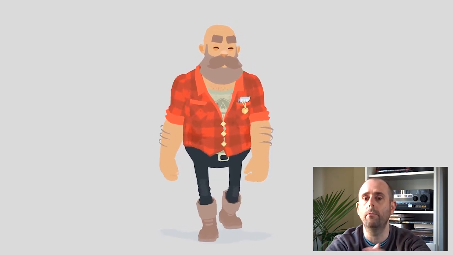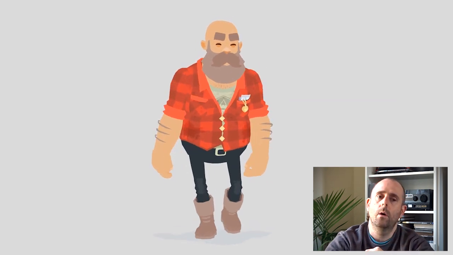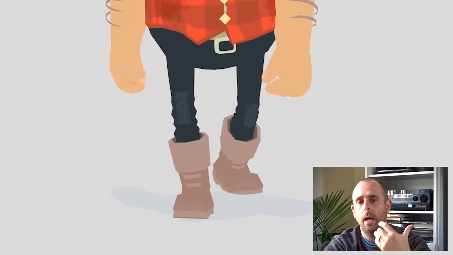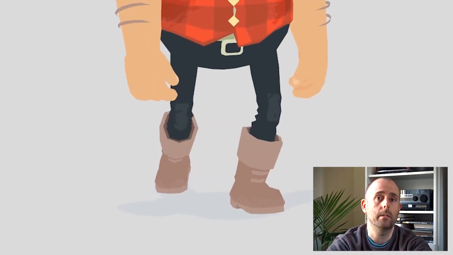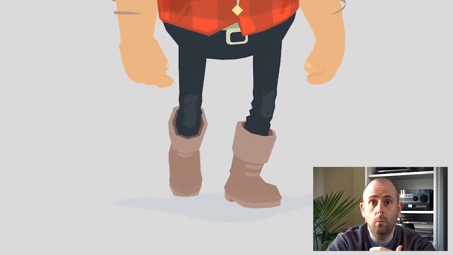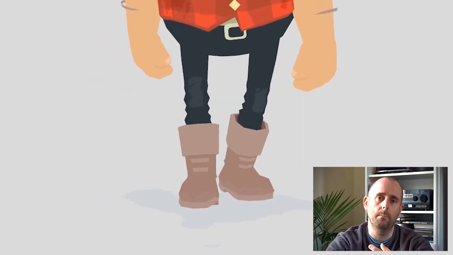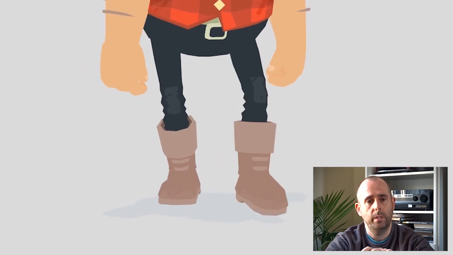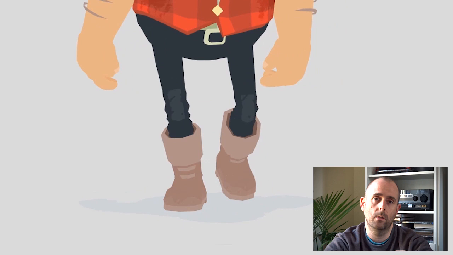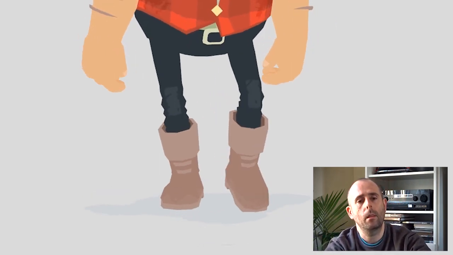So you can see Heinrich, and he's there trucking along, and this is quite subtle, but we'll go in and take a closer look. We actually have squish joints in all of our characters' feet. We talked earlier about the importance of weight and transfer of weight in our character animation and how important that is to get a believable motion. One of the things we do to further emphasize that is that when we place Heinrich's foot and it takes the weight, the foot actually spreads out to take the weight.